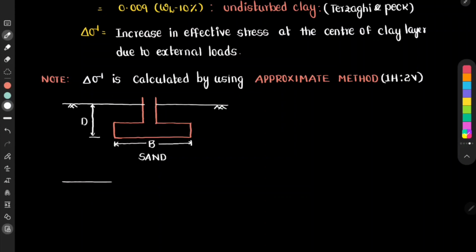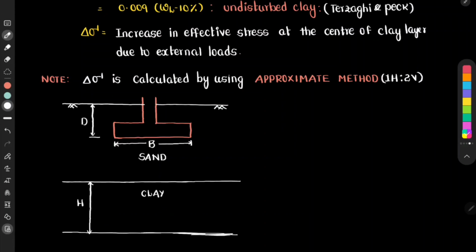Below the sand, there is a clay layer. Let's say the depth of this clay layer is H. So all the stresses are measured at the center of this clay layer.